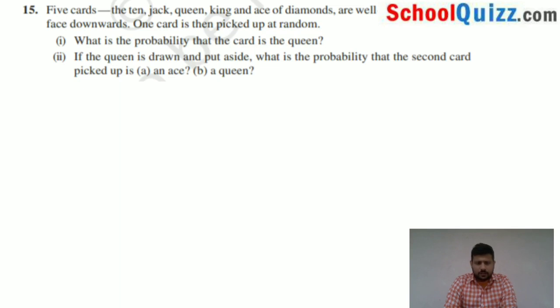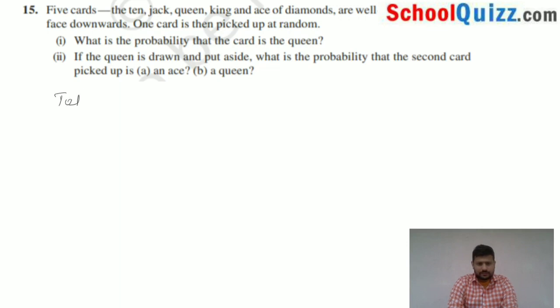And if the Queen is drawn and put aside, what is the probability that the second card picked up is an Ace, and a Queen? So let us proceed for the first part now.